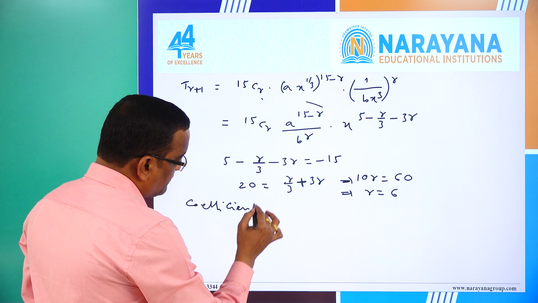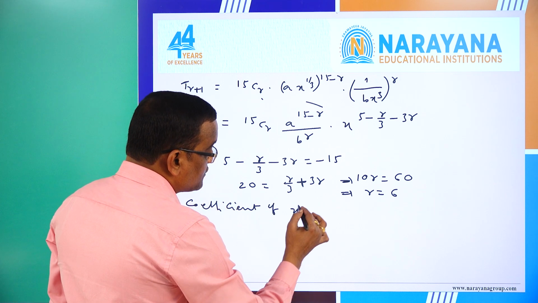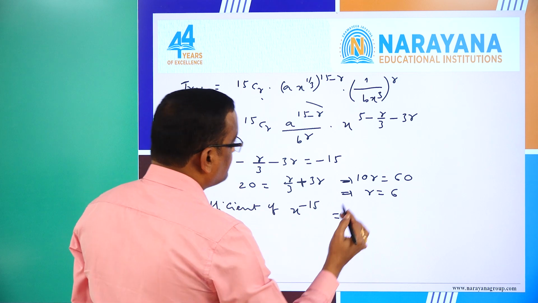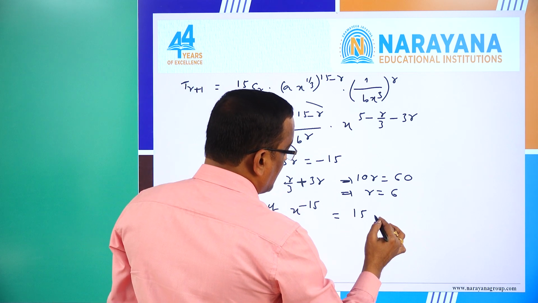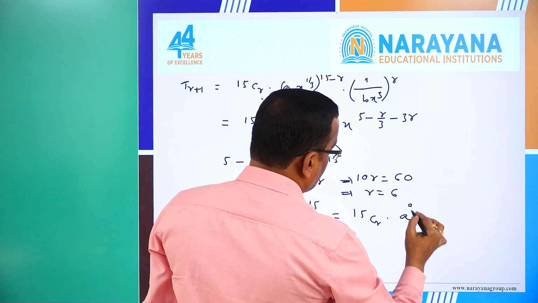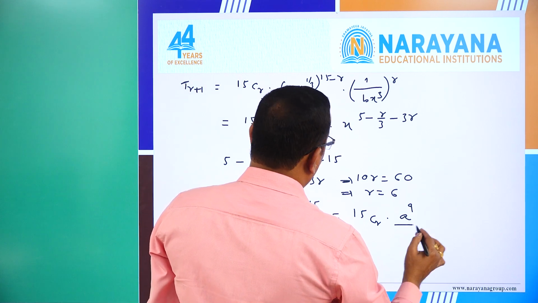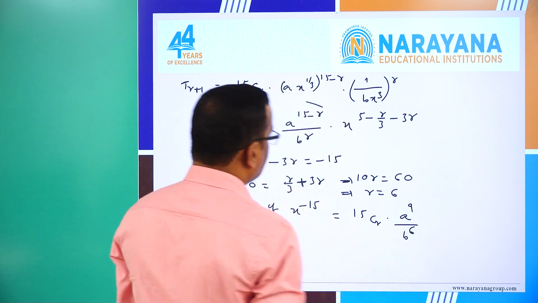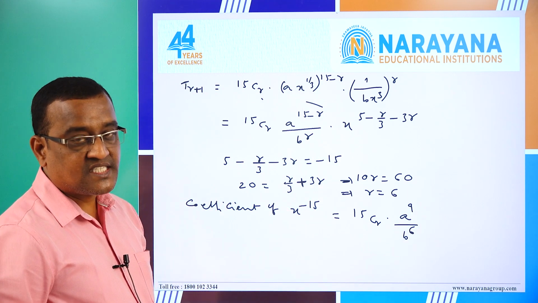The coefficient of x^(-15) is 15Cr into a^(15-r)/b^r, where r is 6 here.